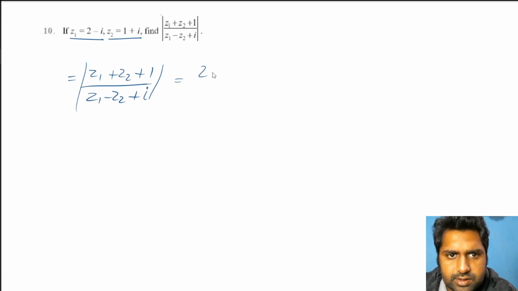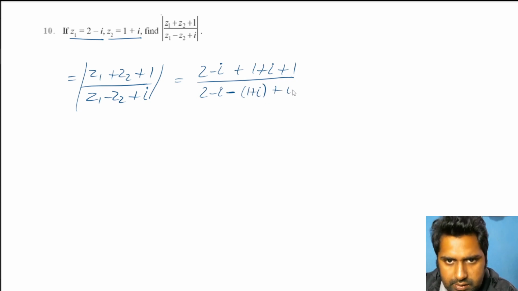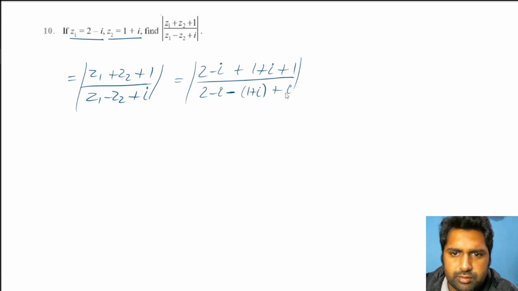So that is 2 minus iota plus 1 plus iota plus 1, and this is 2 minus iota minus z2, which is 1 plus iota. Remember to put a bracket here for z2, plus iota, and you have to calculate modulus of that. So solve this.